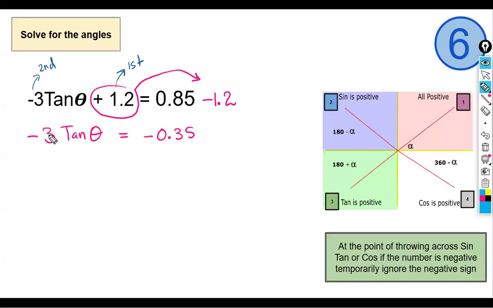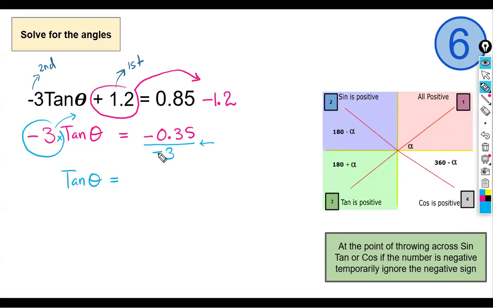Next on the list is what? Mr. -3, who is a secret multiply. Throw across a multiply, you get a divide. Remember, when you throw across a multiply, we get a divide, but the sign does not change. So it remains -3.